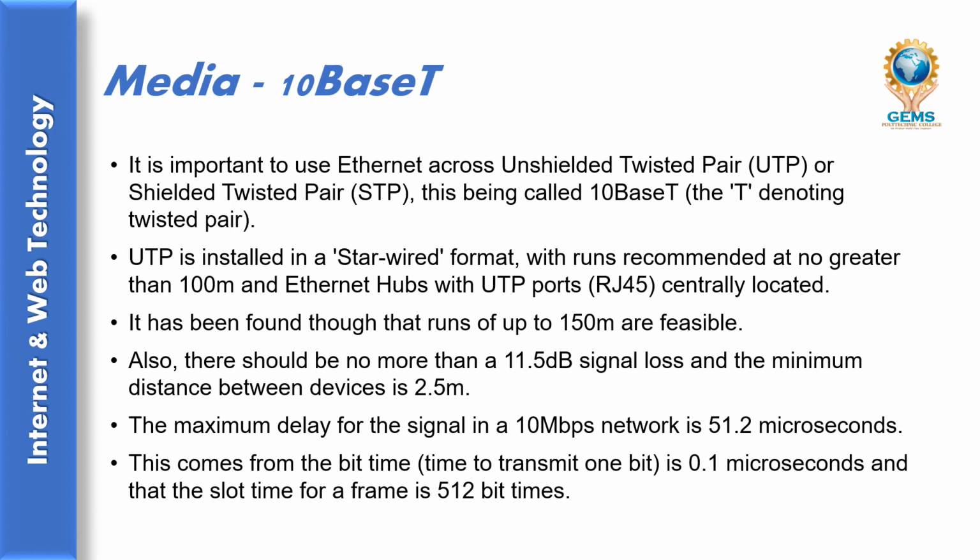UTP is installed in a star bus format, with runs recommended at no greater than 100 meters, and an Ethernet hub with the UTP ports, RJ45 connectors, located. It has been found that runs up to 150 meters are feasible, and there should be no more than 10.5 dB signal loss, and the minimum distance between devices is 2.5 meters.